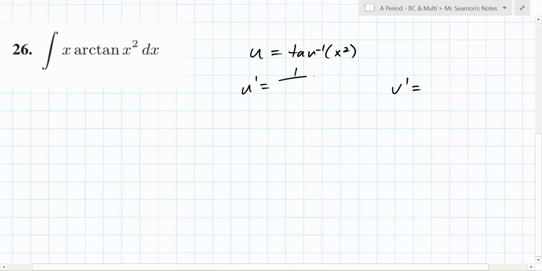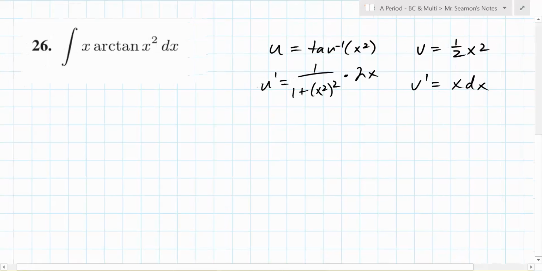It's going to be 1 over 1 plus x squared times what? Times 2x. You have to use the chain rule. And then what's v prime going to be? x dx. And if we do x dx, what's v going to be? 1/2 x squared.